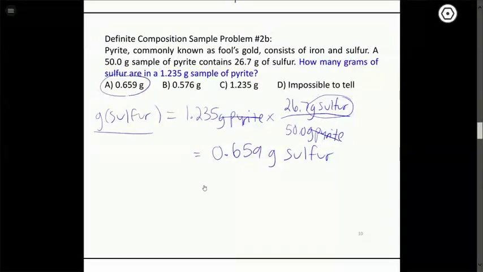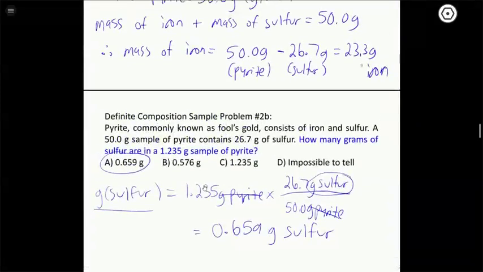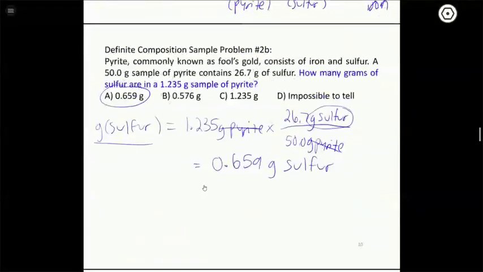All right. So we can use mass percentages or ratios as a conversion factor. Alternatively, we could have found the percent, which would be, as we saw in the last problem, the percent for sulfur would be about 53.4%. We could have used that as our conversion factor, which would be 53.4 grams of sulfur per 100 grams of pyrite.